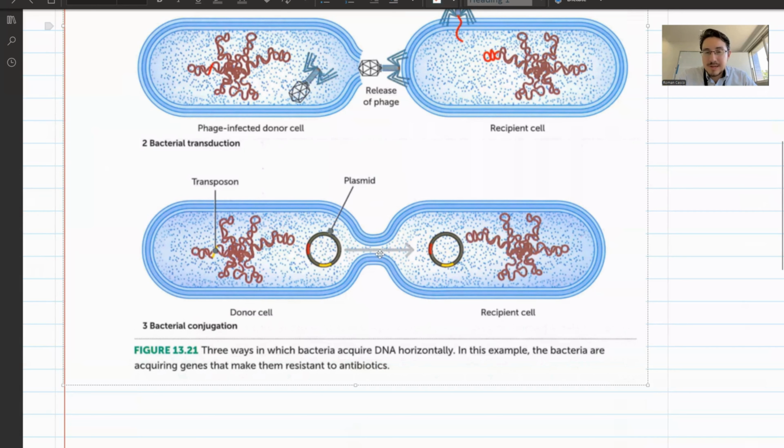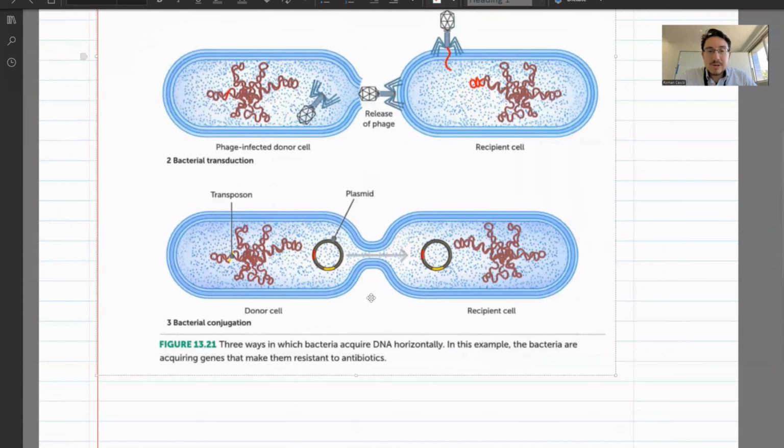It is made by specialized little structures called pili, or sex pili, that enable two bacteria to temporarily fuse together, and one bacteria, which is the donor, can pass their DNA to the other recipient cell, right? You can think of it as a form of sexual reproduction, if I can say, right? It's called conjugation, bacterial conjugation.